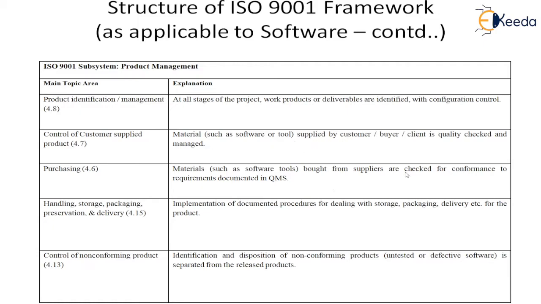Materials that are brought from the suppliers also need to be checked, and they need to conform to a particular criteria that is given in the quality management system, so that there is no quality problem from our supplied materials.